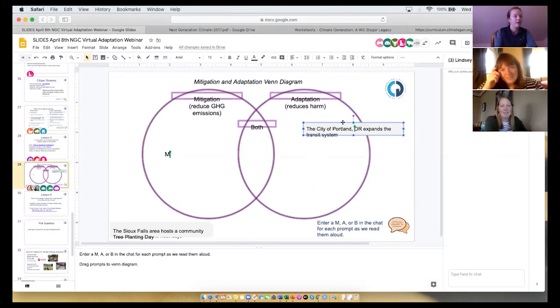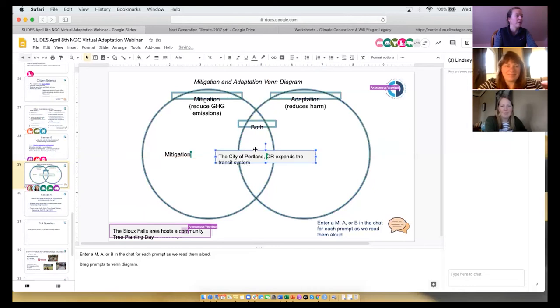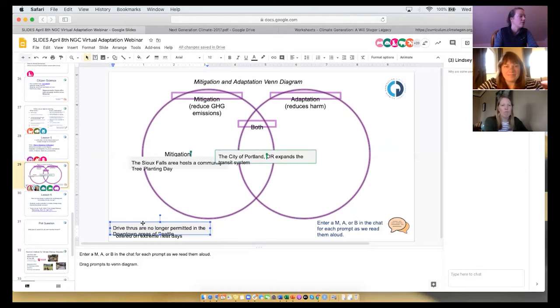They're just text boxes and you can put them in what you think. So I'm going to put this in both. Expanding the transit system could reduce the number of individual cars on the road, so it reduces greenhouse emissions, but in some contexts could also reduce harm. But I don't know if it's a direct act to reduce harm. Some people are moving these over for what they believe as well.